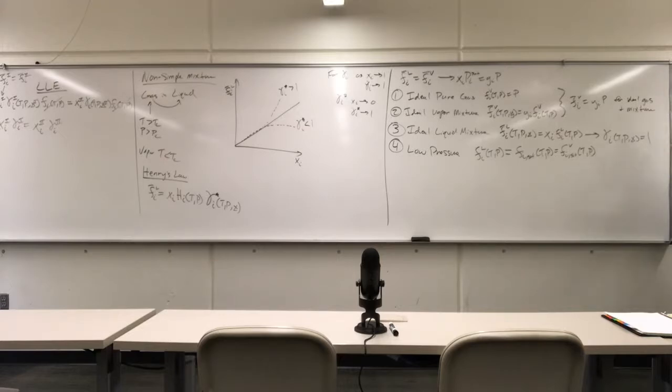So which correction have we neglected in this assumption? The Poynting factor is gone. So the Poynting correction is 1. There's no Poynting correction.